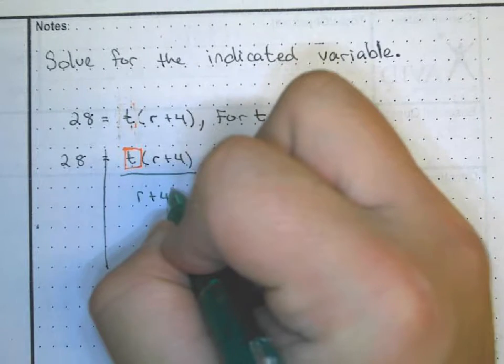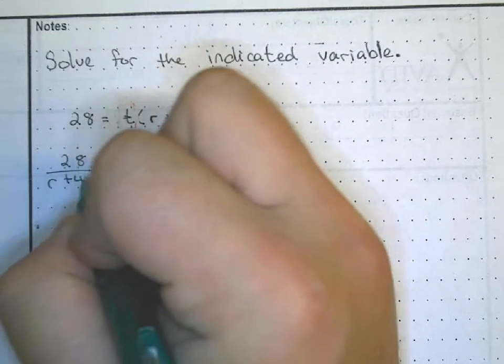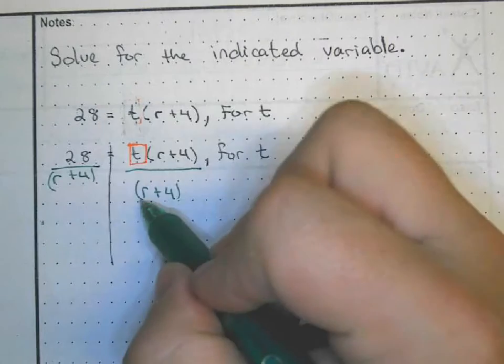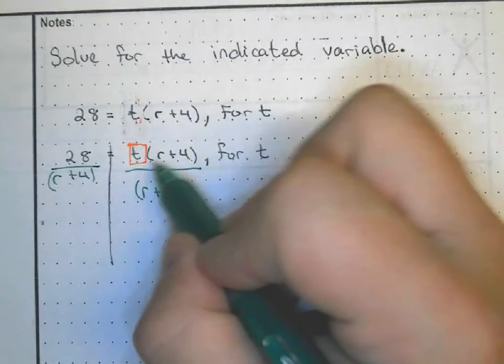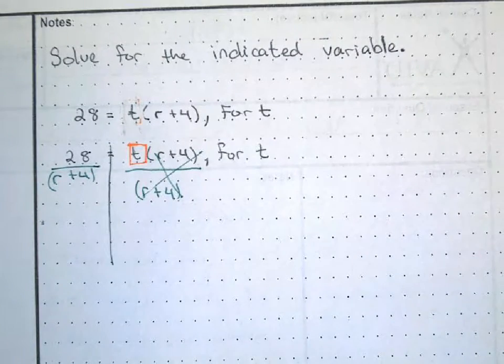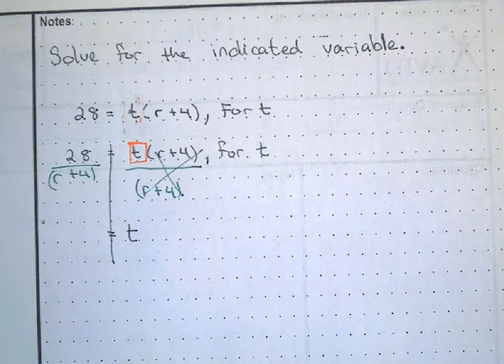I'm going to divide by that r plus 4. Do the same thing to this side. Now what happens is these cancel out. R plus 4 divided by r plus 4 cancels, and then I'm left with that t all by itself. And that was my goal, solve for t.